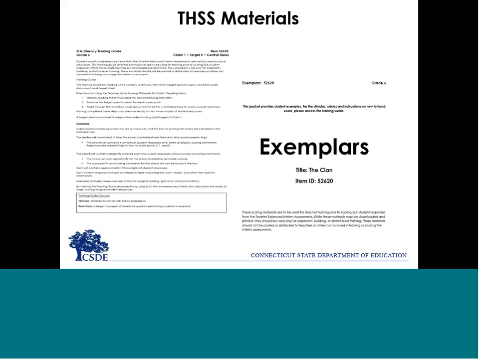The exemplar sets are the same as those provided last year. Each contains annotated and scored student responses for one item, a check set with annotations, and an answer key.